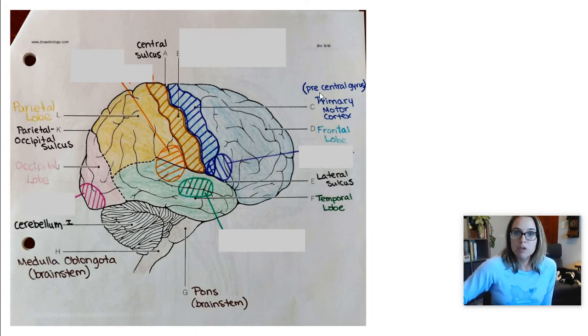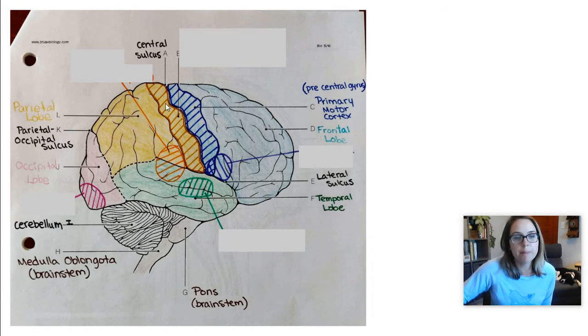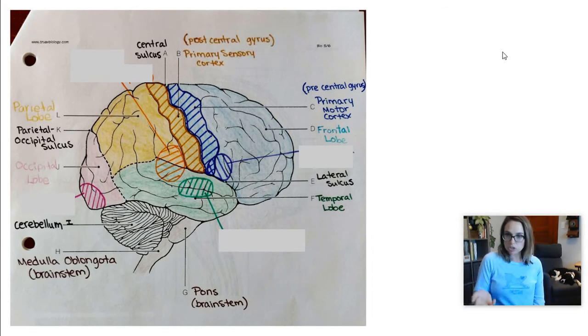It's also sometimes called the precentral gyrus because in this section it goes up right before that central sulcus, so it's right in front of that central sulcus. So it's before the central sulcus, and so it's the precentral gyrus. Then on the other side, the back side of that sulcus, I have the postcentral gyrus.